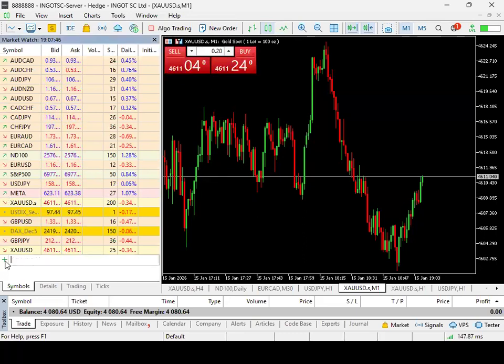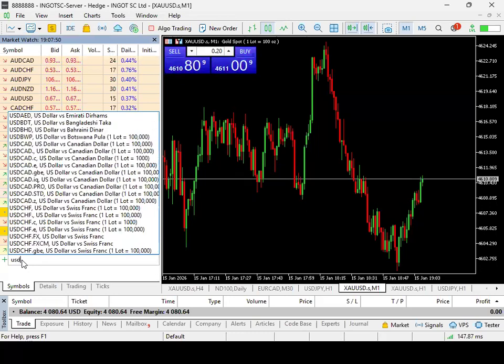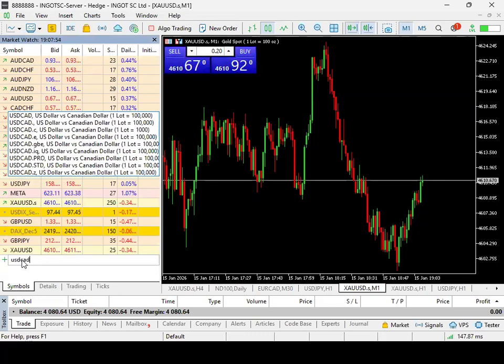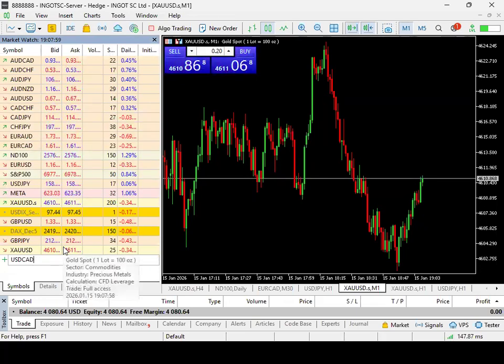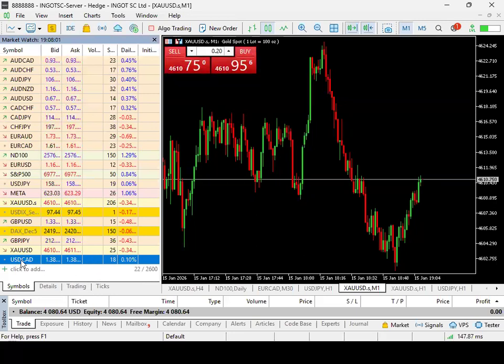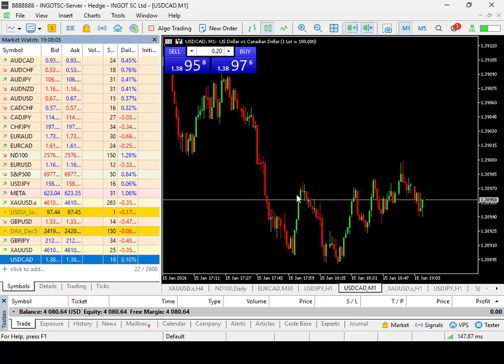I just come here, click, then add, then that is the easiest way. So I just type USD CAD, then I choose that one over there, then enter, and it's here. Okay, and I can drag it to the chart, and I see how the USD CAD is moving.